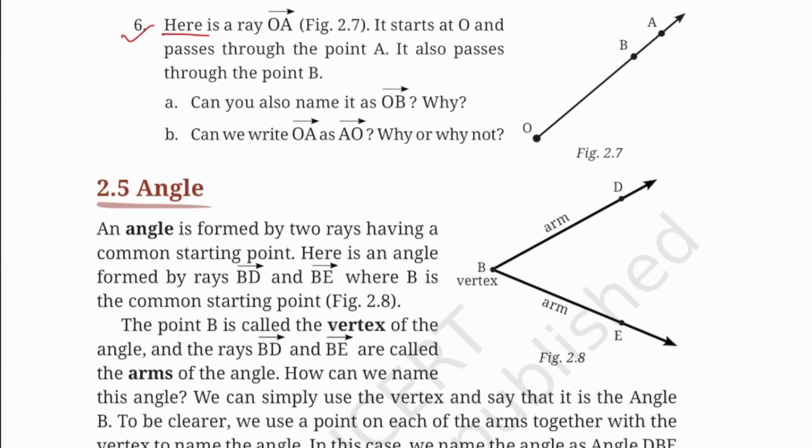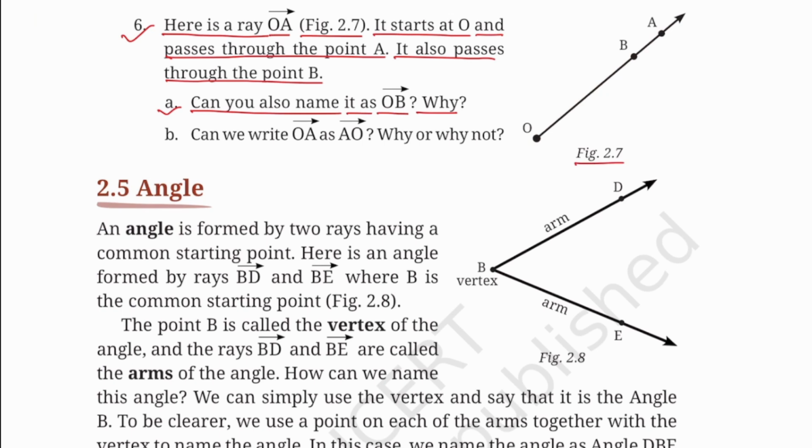6. Here is a ray OA, figure 2.7. It starts at O and passes through the point A. It also passes through the point B. A. Can you also name it as ray OB? Why?